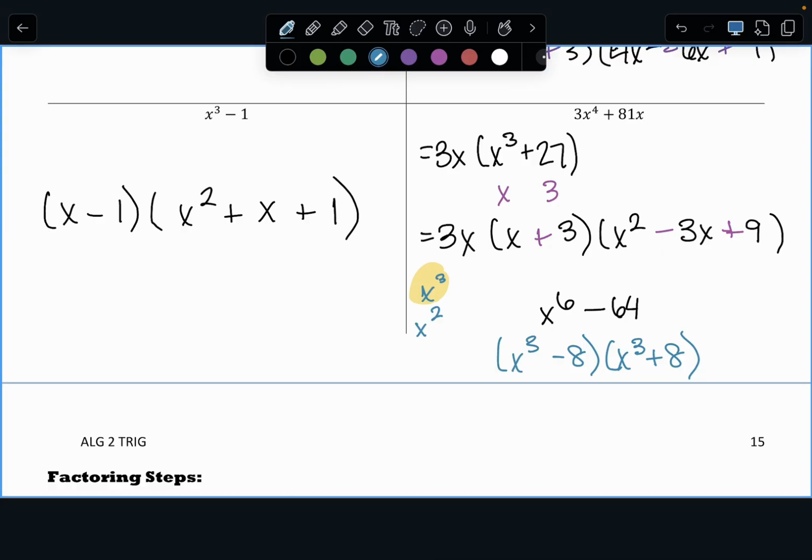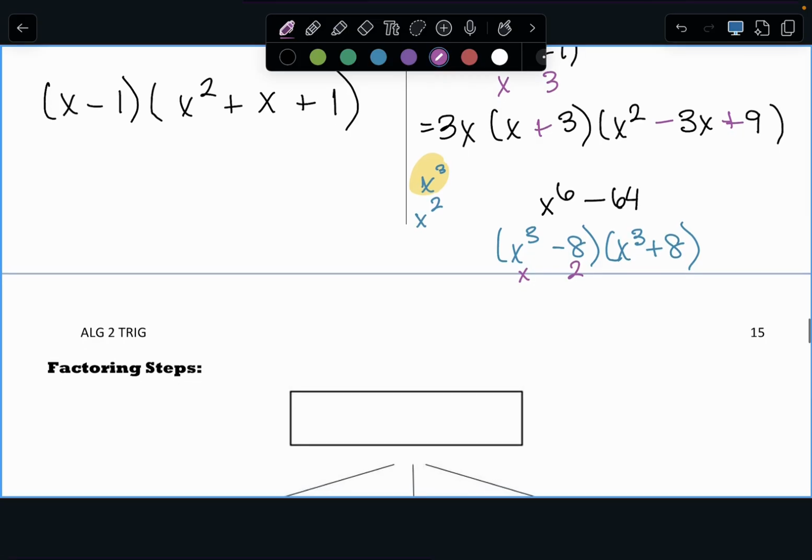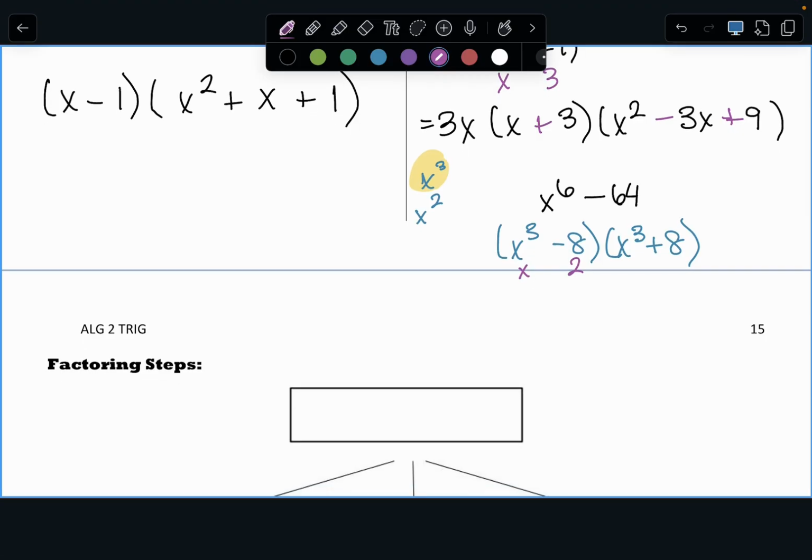Right, isn't that a sum? Or sum of cubes, I mean, yeah. So we have to do this, but twice. So we have x and 2 as our numbers. For just the first one, difference of cubes, x and 2, x squared, 2x, and 4.